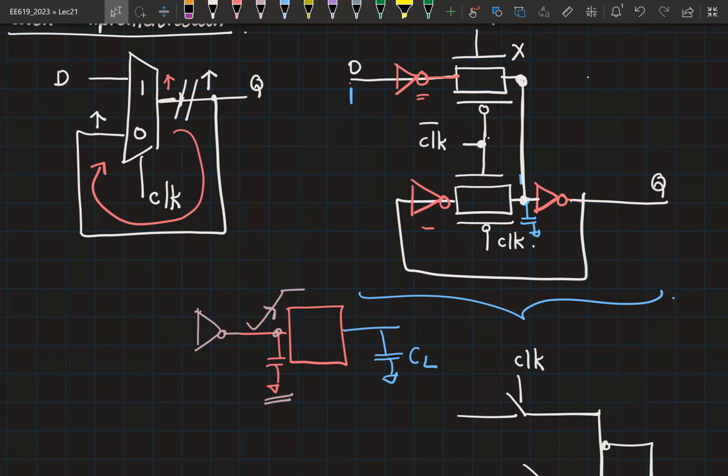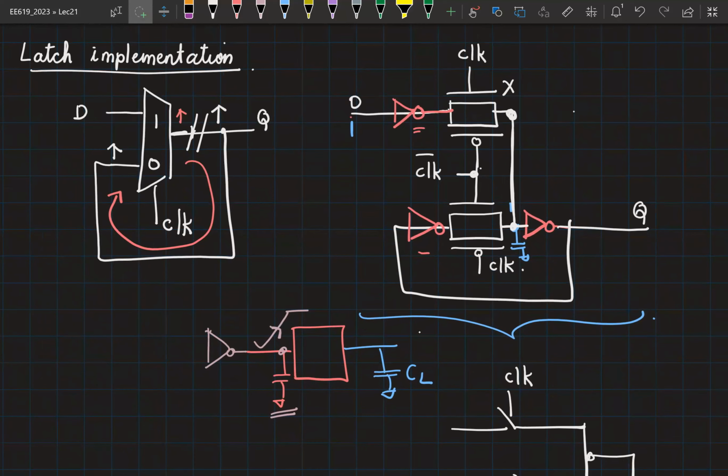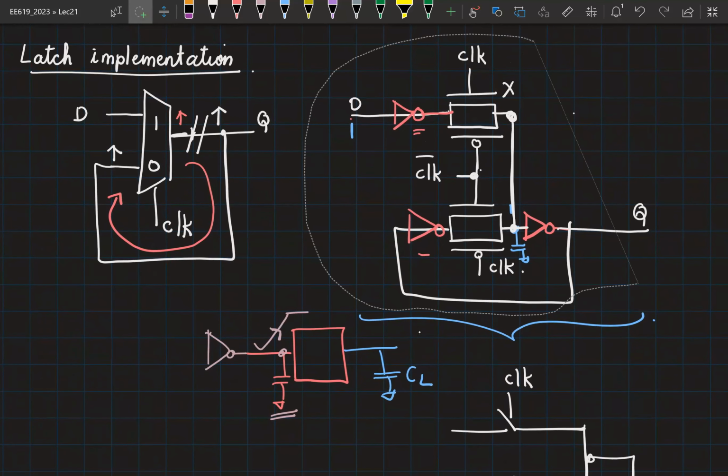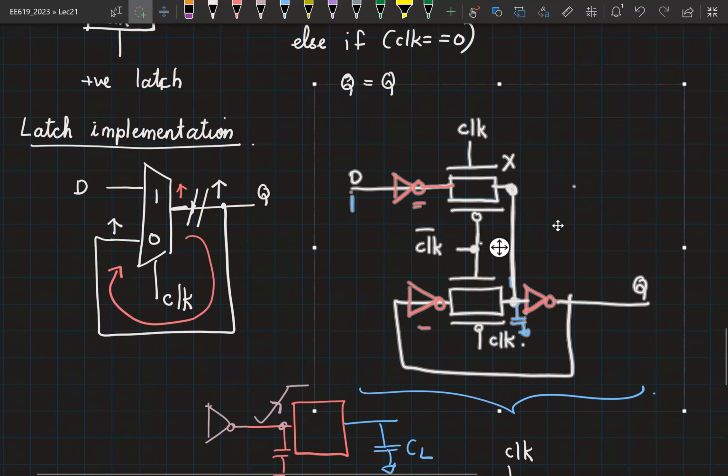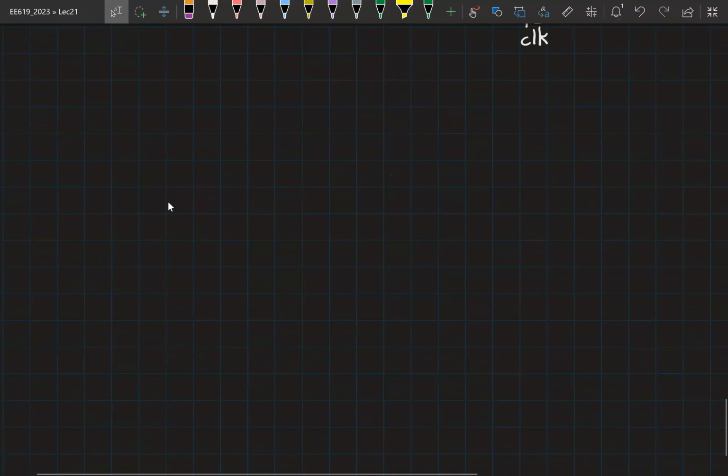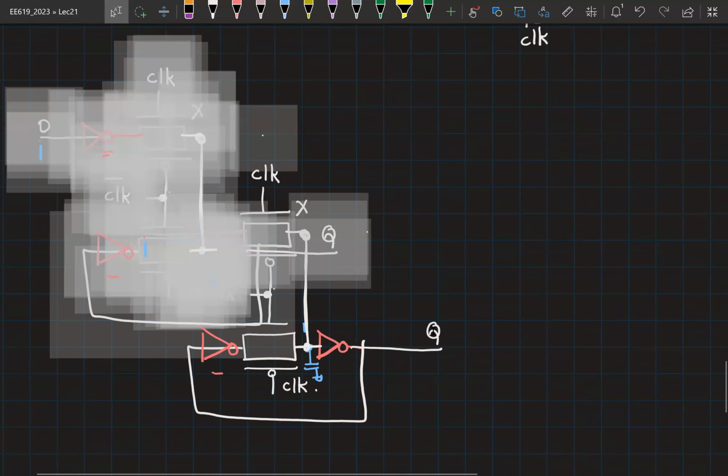Is this okay? Now let me redraw this circuit in a manner that you probably have seen before.